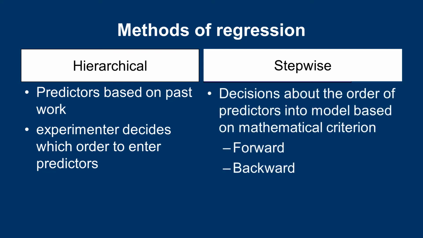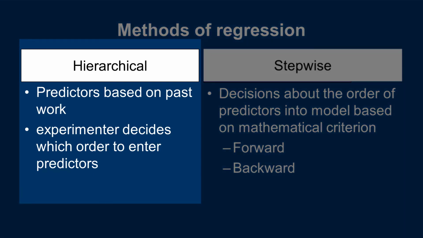In contrast, a stepwise regression is based on mathematical criteria. It could be forward or backward, stepwise adding variables. For applied researchers in marketing, business, psychology and so forth, the hierarchical method of regression is the typical way of running regression analysis.